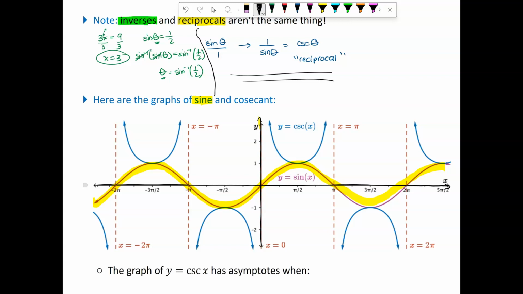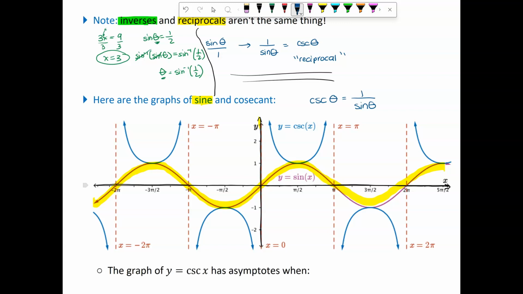And the sine graph, as we know, goes from the midline to the max, down to midline, down to min, and then repeats the cycle. Cosecant is the reciprocal. Remember, cosecant of theta is equal to 1 over sine of theta. So it's the reciprocal of whatever the ratio was.